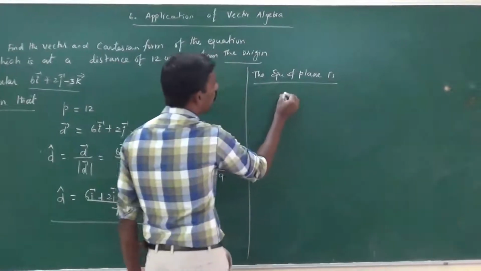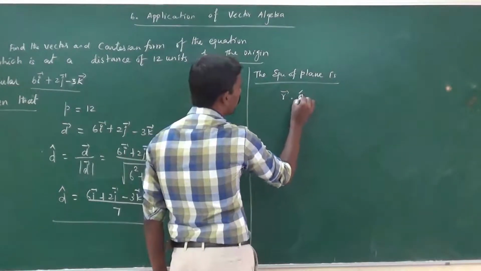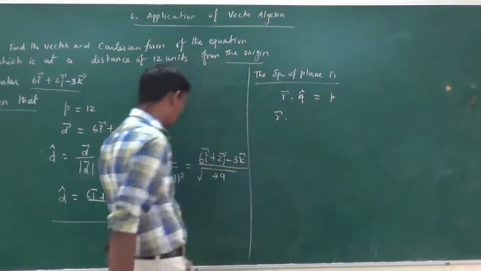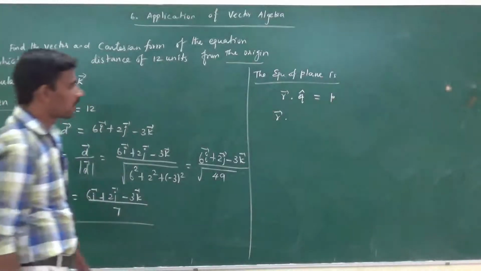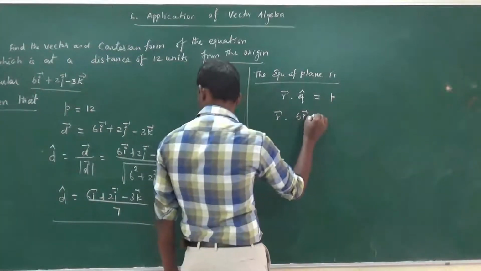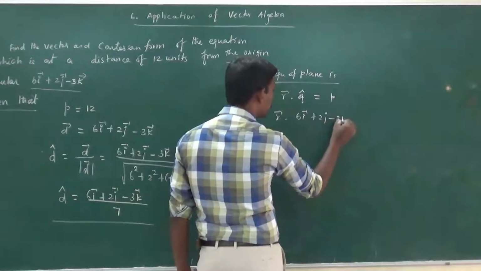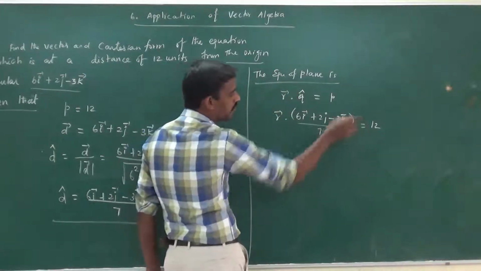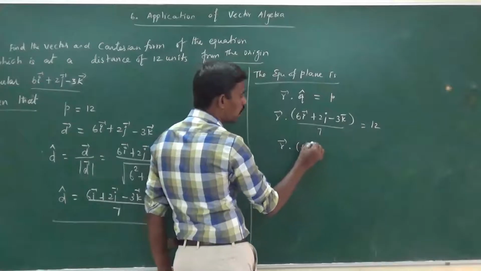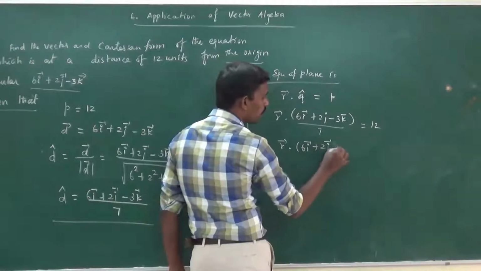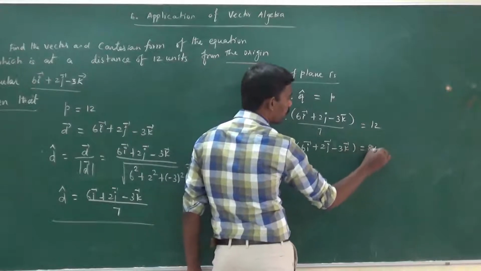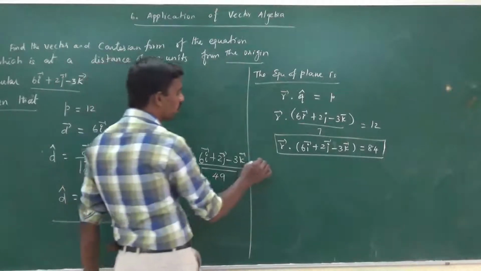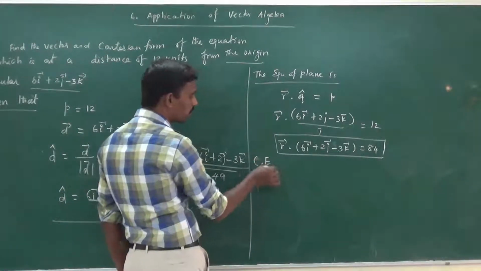The equation of the plane is r vector dot d cap, which is equal to small p. So r vector dot (6i vector plus 2j vector minus 3k vector) divided by 7, which is equal to 12. Take the 7 to that side. So we have r vector dot (6i vector plus 2j vector minus 3k vector), which is equal to 12 sevens are 84. This is the vector equation. Now we want to find the Cartesian equation.